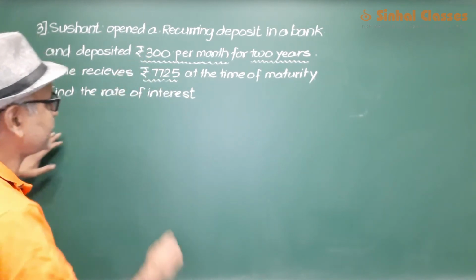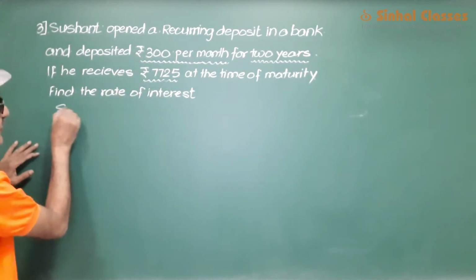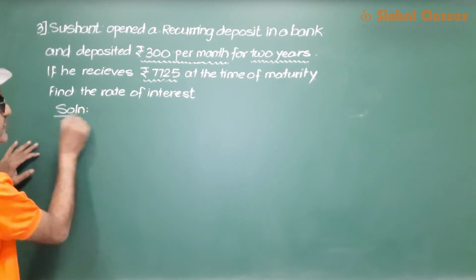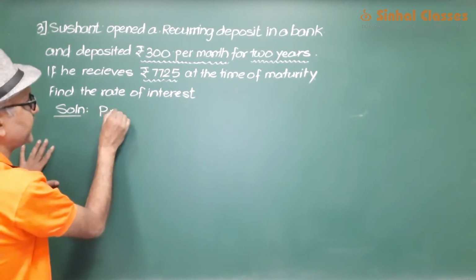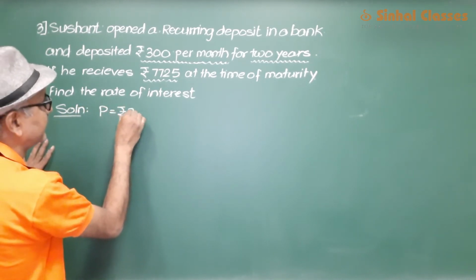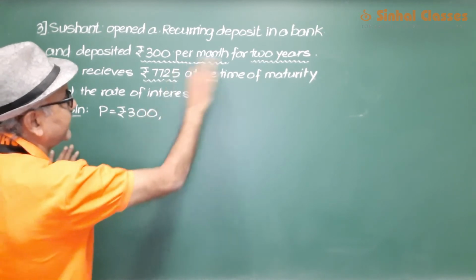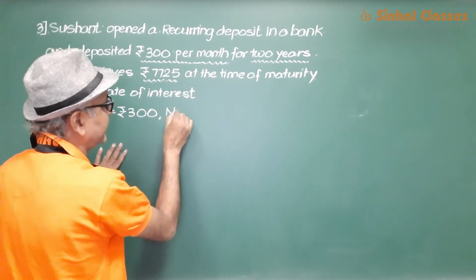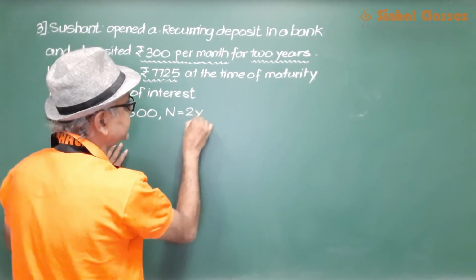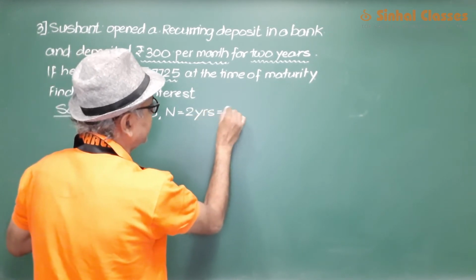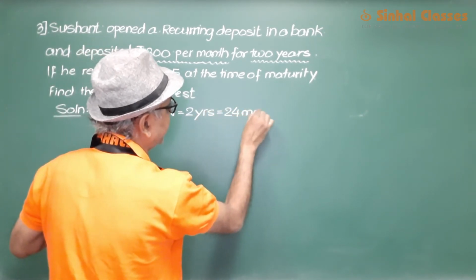So guys, in this question, the first thing is the solution. Principal is 300 for 2 years. N is equal to 2 years, which is 24 months.